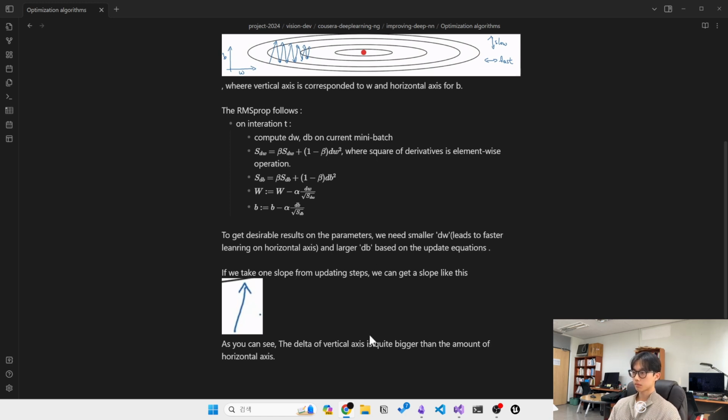And so dB squared would be relatively large, so SdB would be relatively large, whereas compared to that, dW would be smaller, or dW squared would be smaller, and so SdW would be smaller.